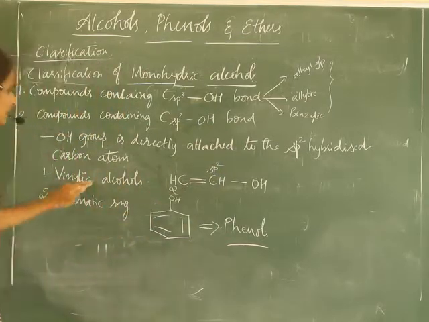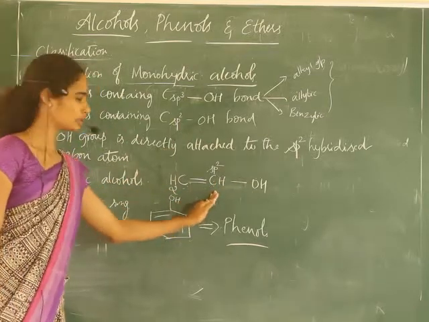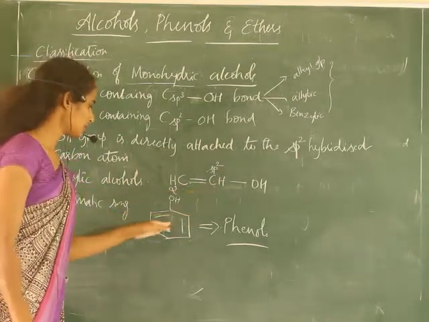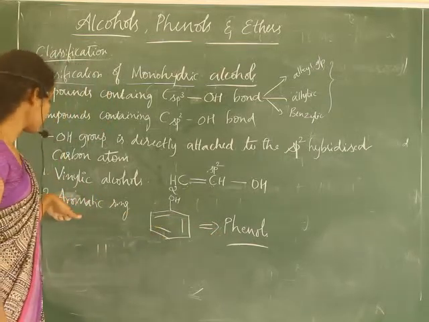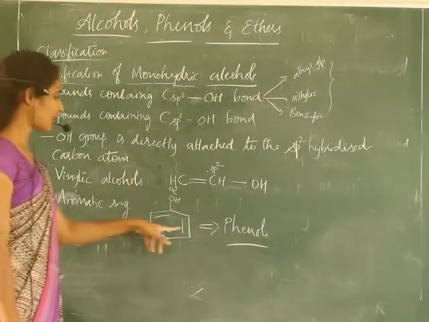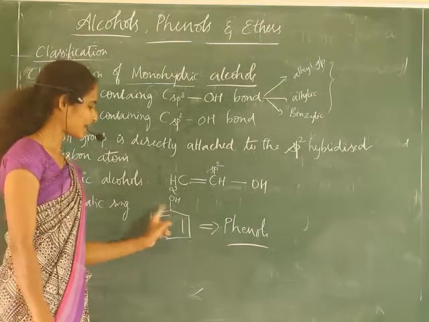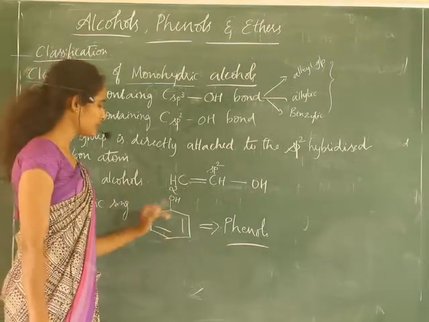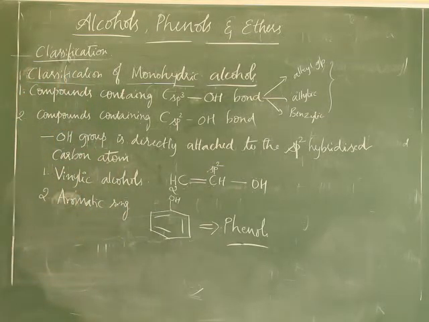In that, vinylic alcohols, in which the OH group is directly attached to a vinylic carbon, and phenols, in which the OH group is directly attached to the sp2 hybridized carbon atom of a benzene ring or aromatic ring or aryl group or arenes, right? Then they are called phenols. This is about classification of alcohols and phenols.